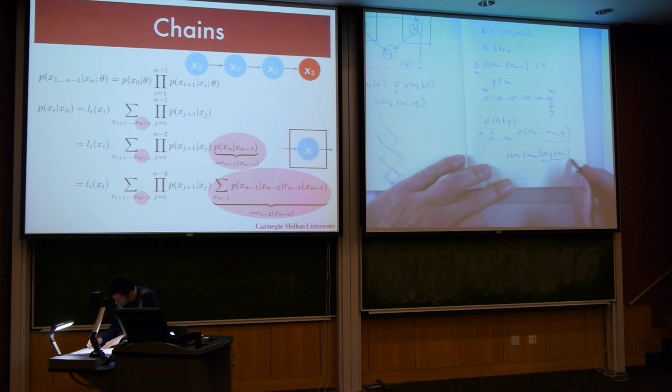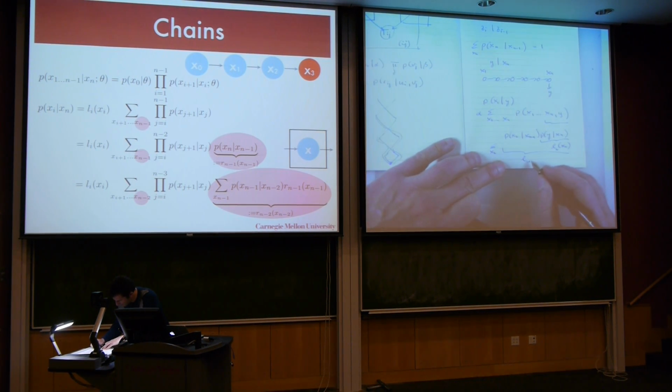This now becomes my left message Ln, and the sum over xn will become my message Ln minus 1 over xn minus 1.